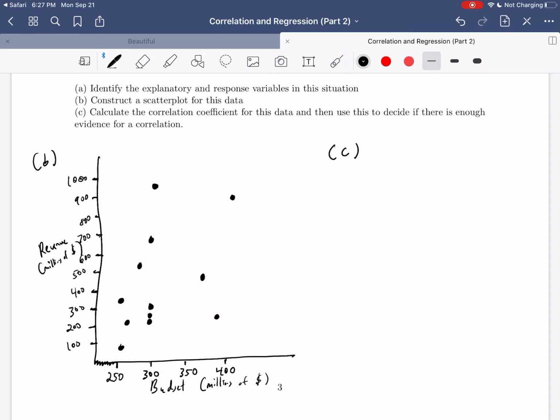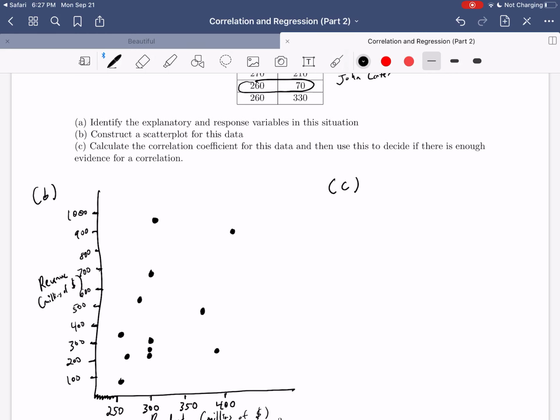So to actually calculate the correlation coefficient, remember we're going to hit stat, calc, lin reg ax plus b. Remember, if you haven't watched the calculator demo video, I highly recommend going back and doing that first before doing this. That does an example of typing the data in and using the calculator to calculate the correlation coefficient.